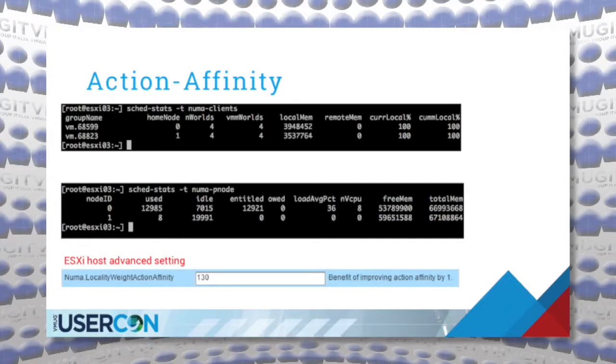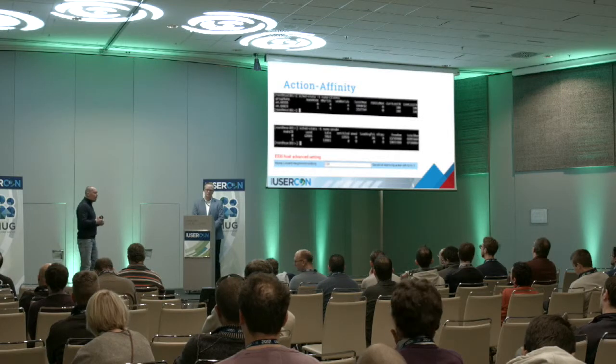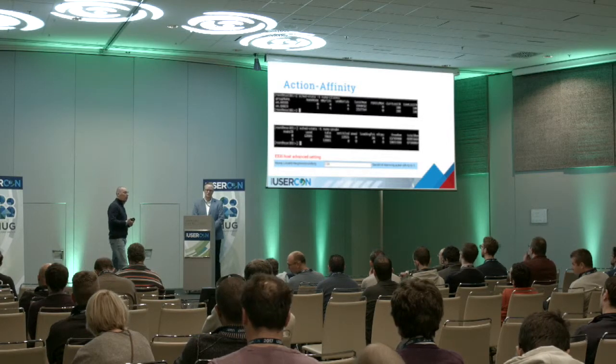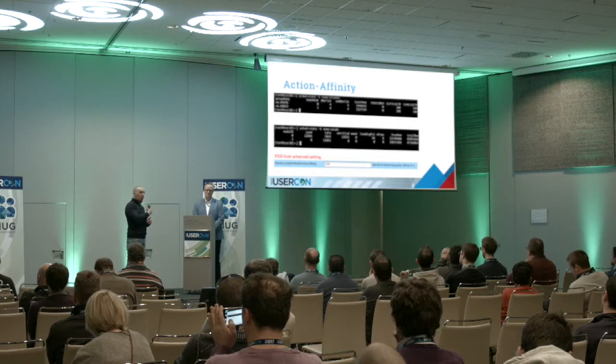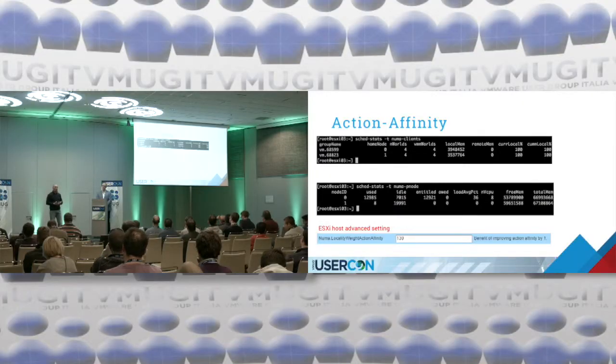Now I talked a little bit about how the hardware actually works, but there's also the VMkernel. Now, the VMkernel has something that is really smart that's called action affinity. And that actually is built on the last diagram that I showed. So with action affinity, what we do is that when two VMs run on the same host and they communicate with each other on a regular basis, we know that they share memory.